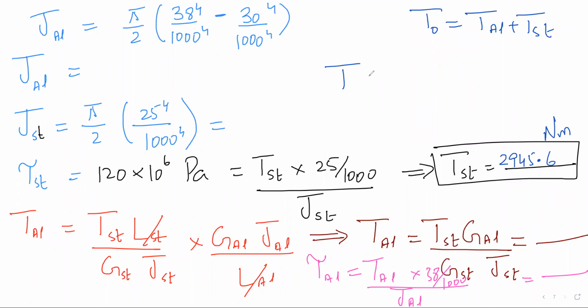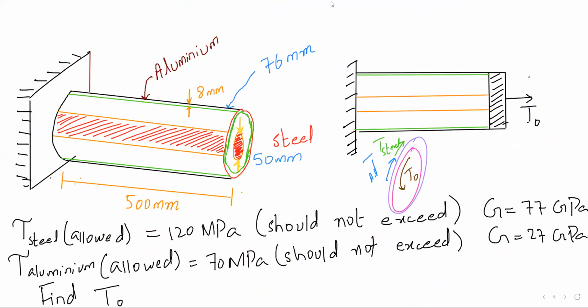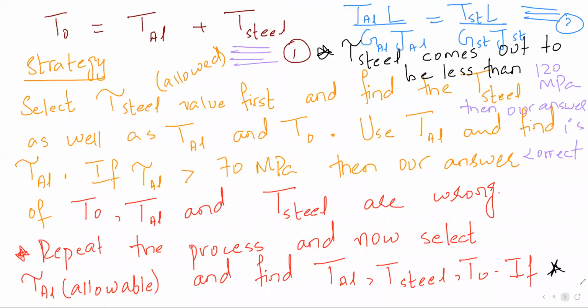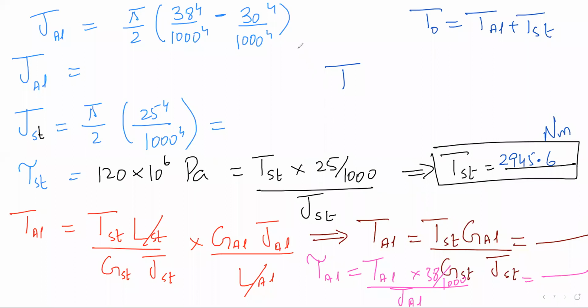No. Sir, what is the radius for aluminum? This is wrong. What's the radius for the aluminum? 38. Okay, for the aluminum it is 38. Okay, anyways, from here you will get torque of aluminum.